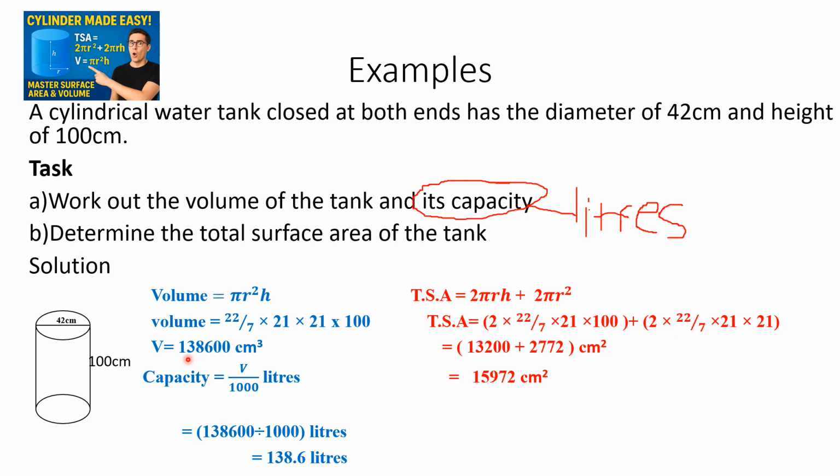So our volume has been 138,600 cubic centimeters divided by 1,000, we get 138.6 liters. But here the volume should be in cubic centimeters for you to divide by 1,000, because 1 liter is equal to 1,000 cubic centimeters.